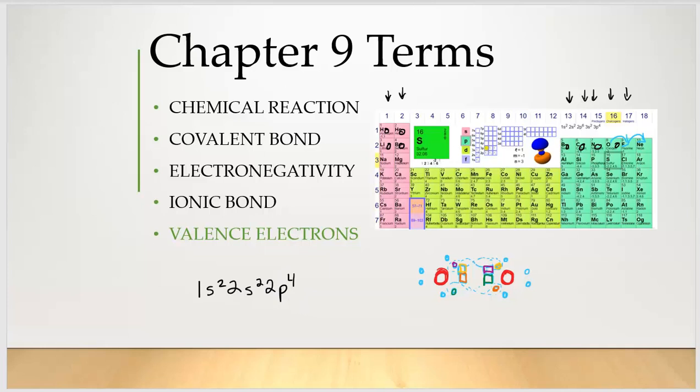So because we have these as the outer shell, not subshell, but the outer shell, then that means that oxygen has 6 valence electrons. Okay. Now there are sometimes when people refer to this in chemistry as having 4 valence electrons, but technically it has 6 valence electrons.